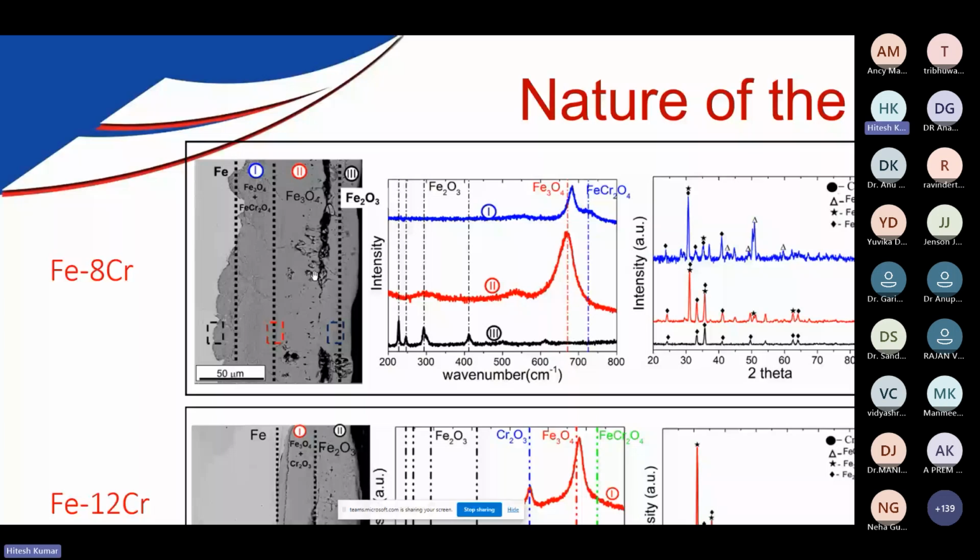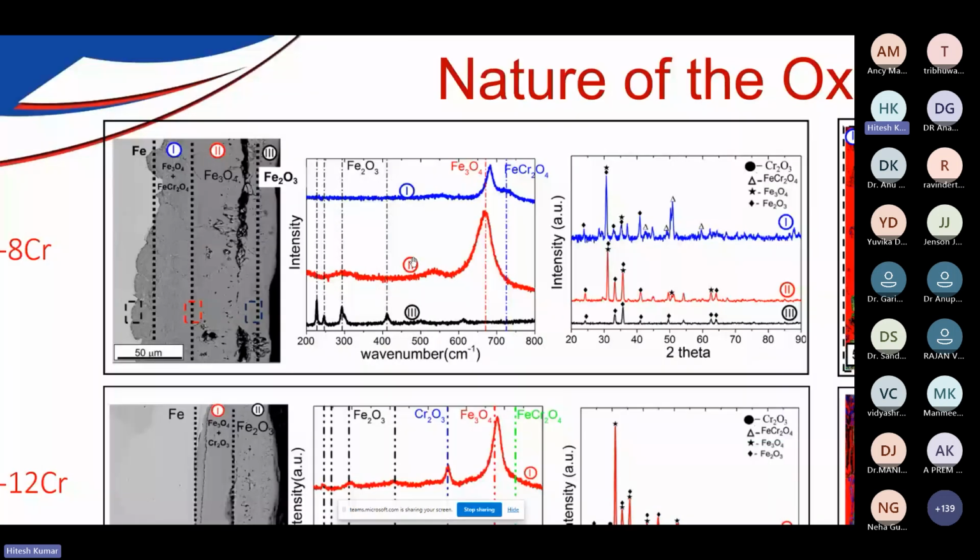To confirm the phases, we did some Raman analysis on that particular oxide layer, which has a resolution of around 1 micron. What we observe is that the first layer, next to the metal oxide interface, is FeCr2O4, which is a spinel structure.